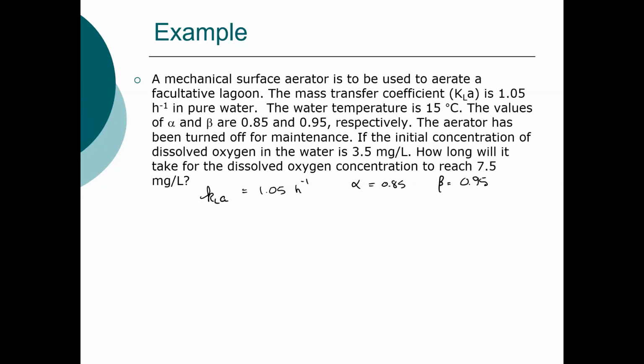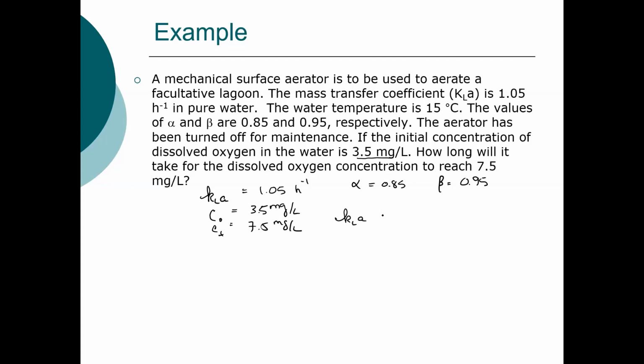The aerator's been turned off for maintenance, and you're told that when it's turned on, the initial concentration in the water, C naught, is equal to 3.5 milligrams per liter. Okay. And you're asked, how long will it take for the dissolved oxygen concentration to reach 7.5 milligrams per liter?